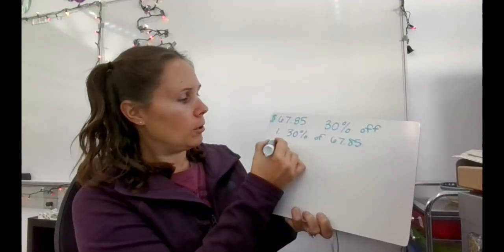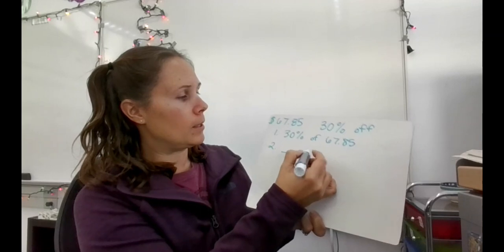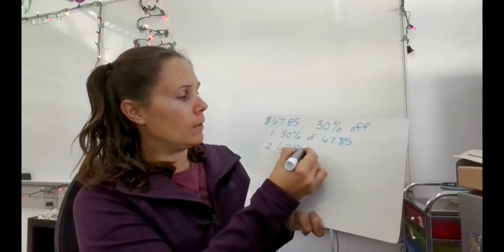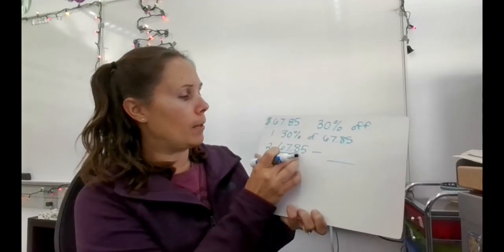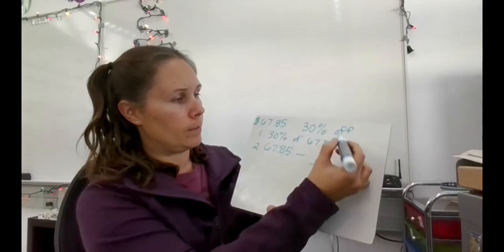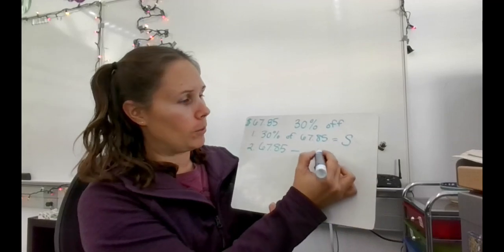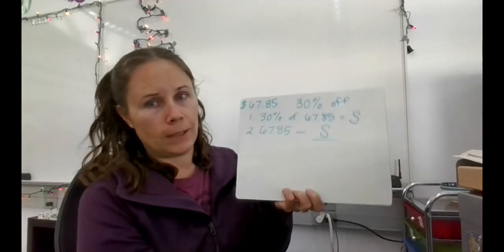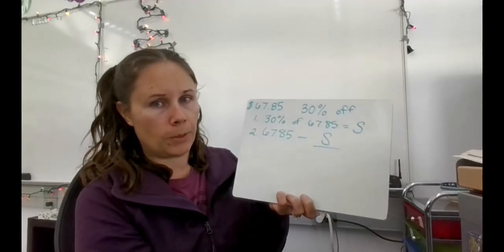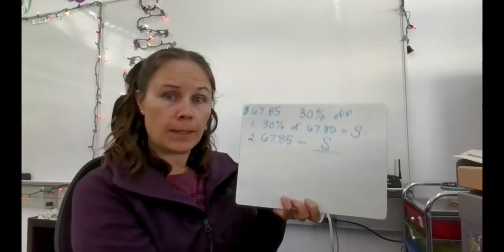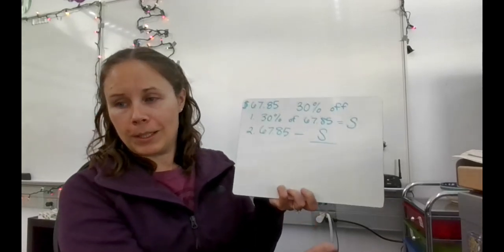Step two, $67.85 minus the amount that we find. We could call this S for the sale price, and then when we find it, we'll do $67.85 minus S.